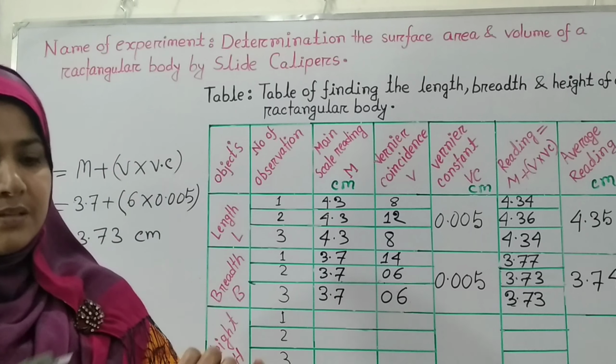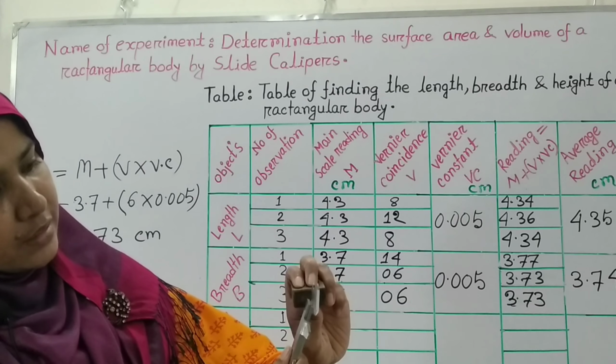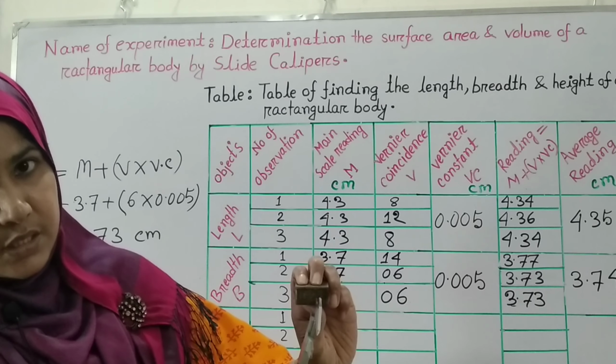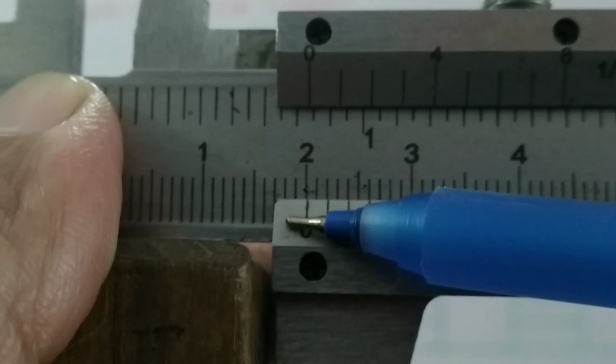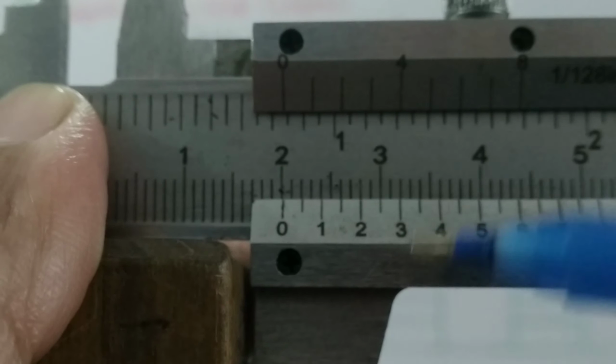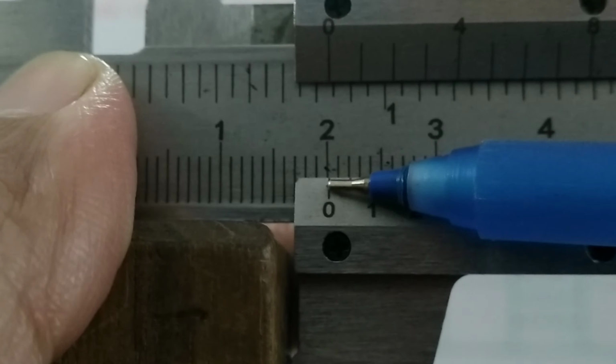Now it's time to take the measurement of the height of that rectangular shaped object. Height means we have to calculate the reading of this portion. You can see that the main scale reading is 2, as the 0 mark of the vernier scale is crossing 2 divisions of the main scale.